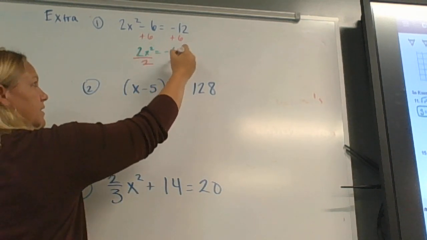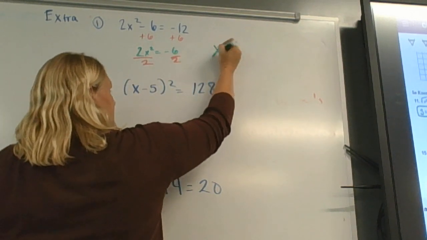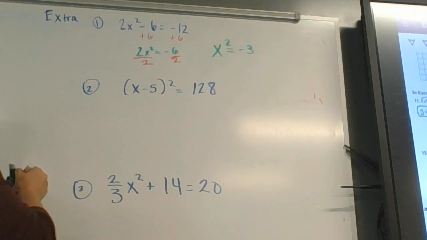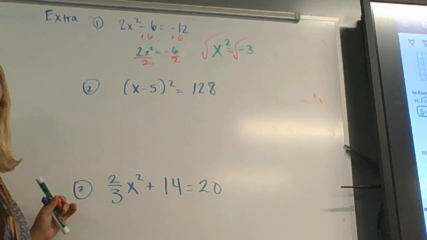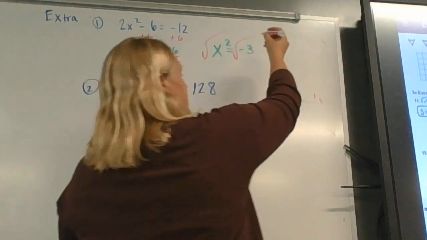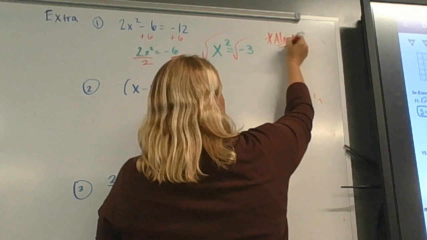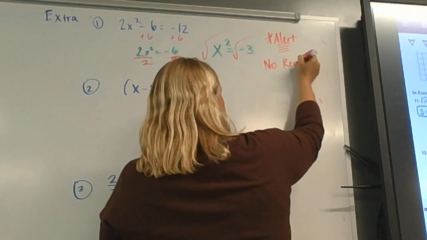Divide by 2. And I would get x squared is negative 3. Take the square root. And then right then and there, an alert goes off in my mind. Alert. Don't do it. No real solution.